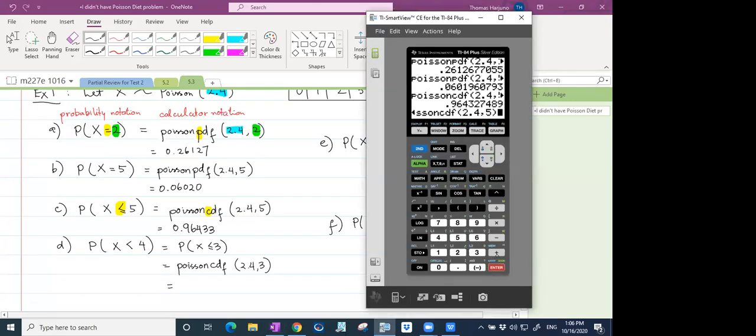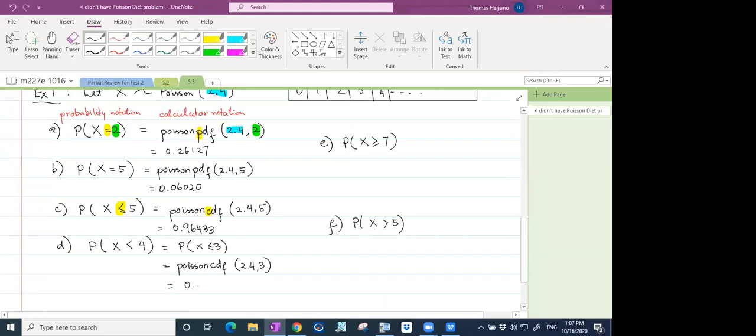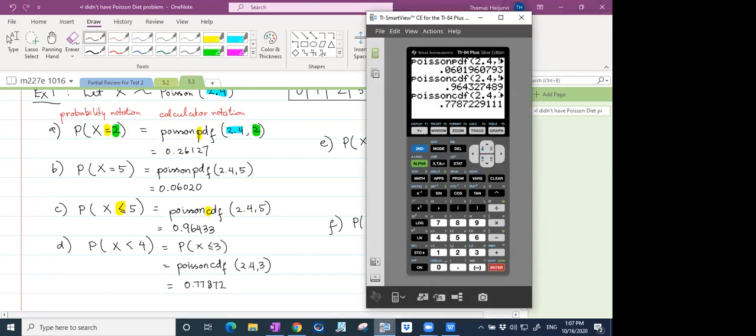This is Poisson CDF 2.4, comma 3. Enter. That's 0.77872.